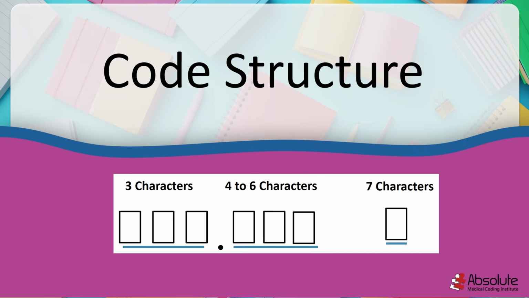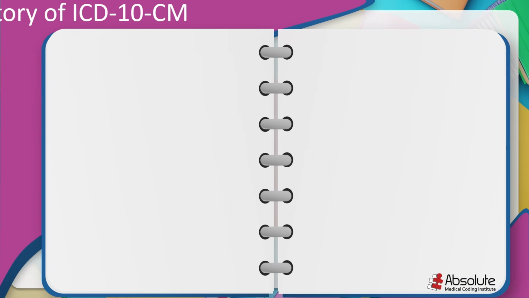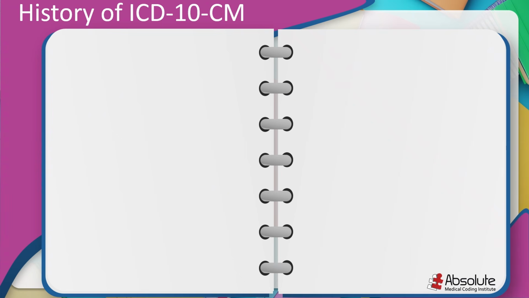Now, enough about the code right now. We're going to talk about the code structure a little later, but I want to have a discussion about the history of ICD-10. All right, so before we talk about the history of ICD-10, let's talk about the history.